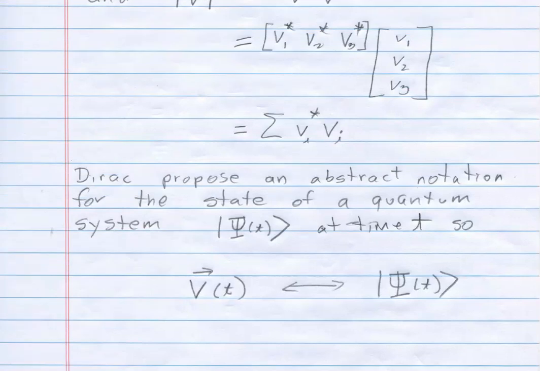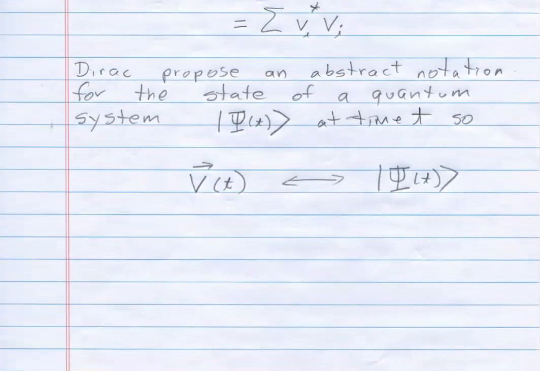And Dirac indeed proposed that these were more or less equivalent, that the wave function we could represent like this, just the same way that we could represent the velocity vector as a function of time. The psi labels the system we're looking at, or the wave function for the system, and it's a function of time.